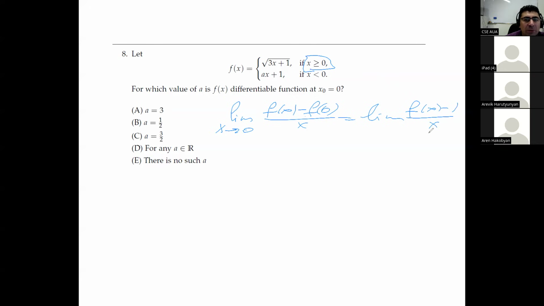We have to calculate this limit, by considering sided limits from the right side and from the left side. Now, the limit as x approaches 0 from the left side: on the left-hand side of 0, our function is defined as ax plus 1. So we'll get ax plus 1 minus 1 over x, and here the limit is a.